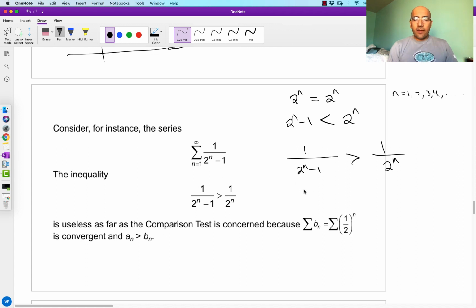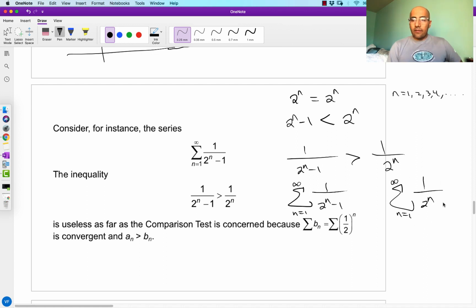So now we want to think about, okay, how does that compare to the sum as n goes from 1 to infinity of 1 over 2 to the n minus 1? And how does that compare to the sum from 1 to infinity of 1 over 2 to the n?